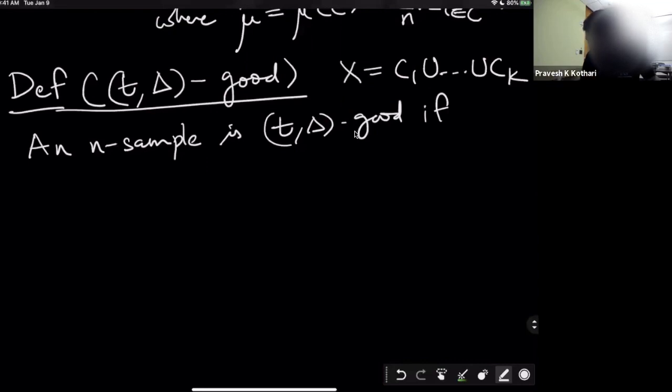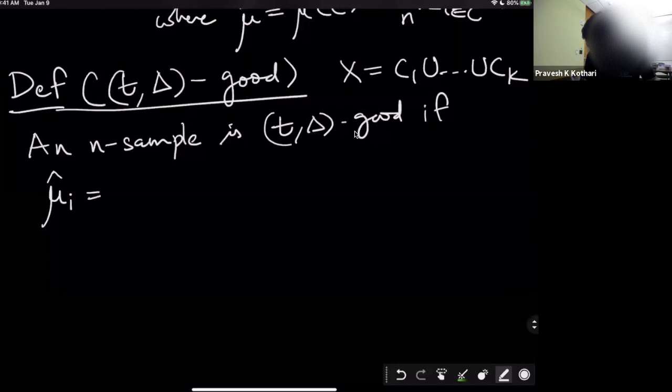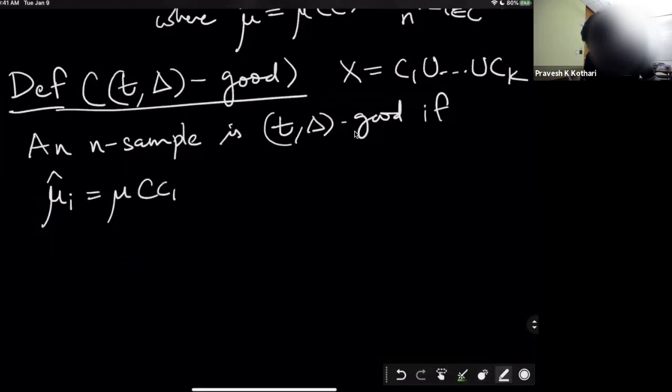and X has n points, each Ci has n over k points, same notation, right? And let's say the true means, and let's say mu hat i are the means of Ci, for every i.